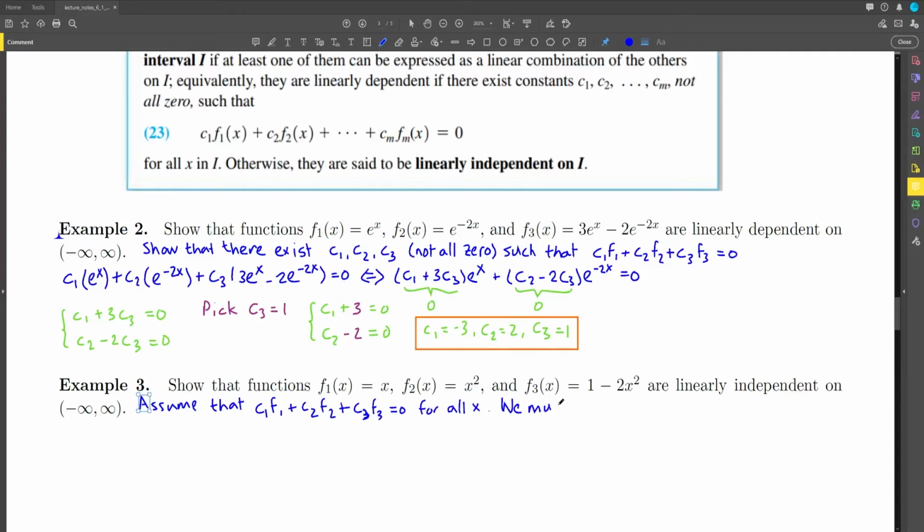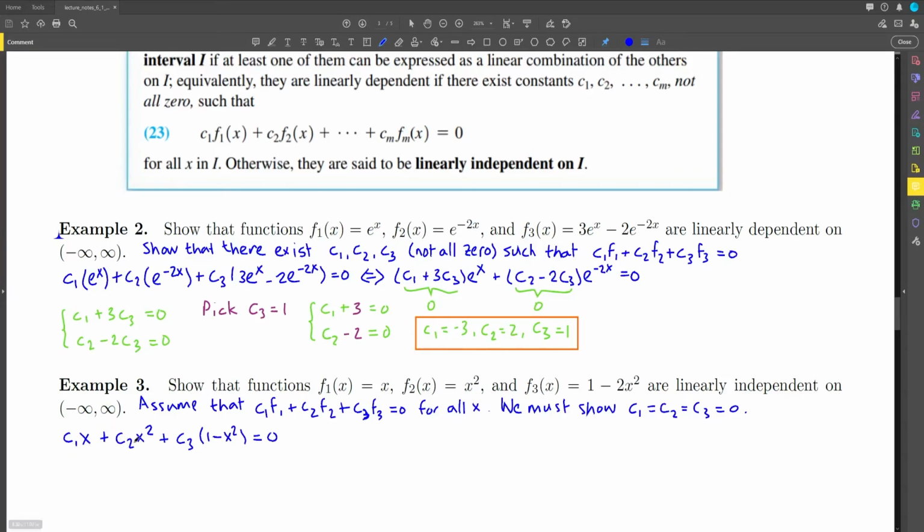We must show that C1 equals C2 equals C3 equals 0. So let's write this out. C1 times F1, that's C1 times X, plus C2 times F2, so that's C2 times X squared, and then plus C3 times 1 minus X squared equals 0.